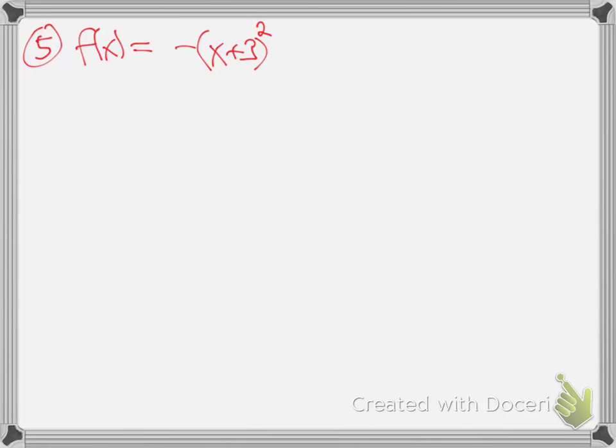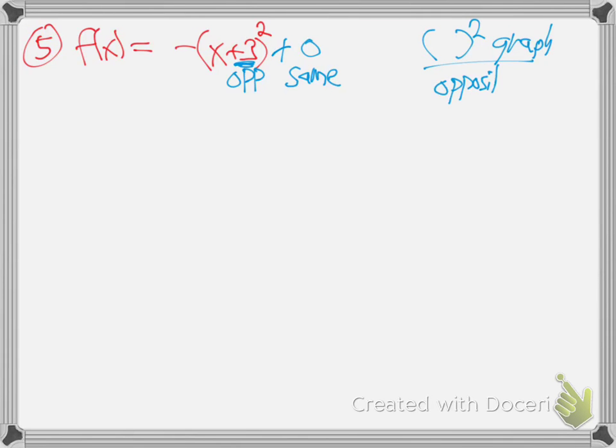Okay, so they want me to graph this one on number 5. How do we graph? Remember, we always take the opposite of the number here. And what number's out here? Nothing, so 0. We take the same as that. So whenever they have parentheses squared for a graph, you start by taking opposite, comma, same. That will be your vertex.